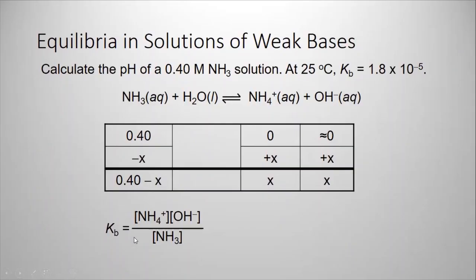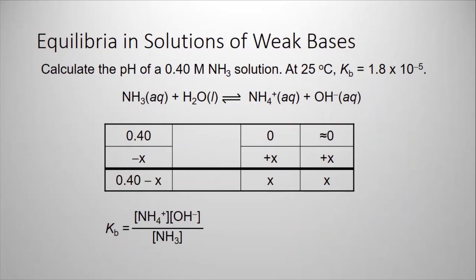We set up the equilibrium constant. Kb is the base dissociation constant. The equilibrium constant has been covered in every single topic since we covered chapter 15. It just has different names. When you say Kw, that's the equilibrium constant for the dissociation of water. When you say Ka, this is the equilibrium constant for the dissociation of an acid.